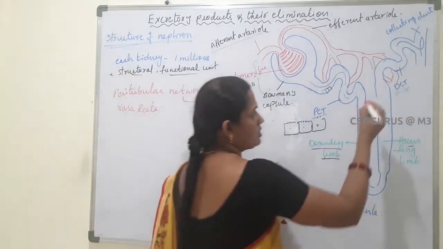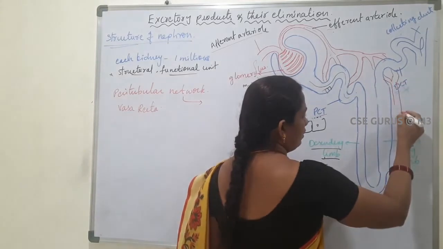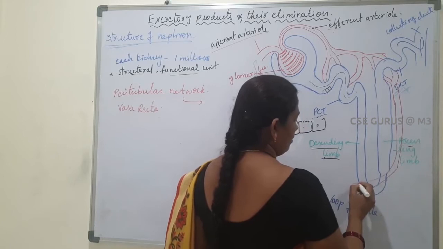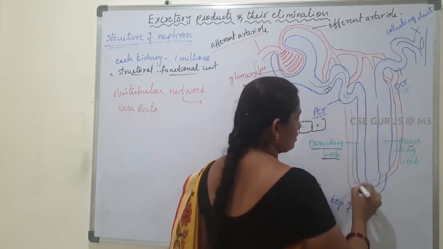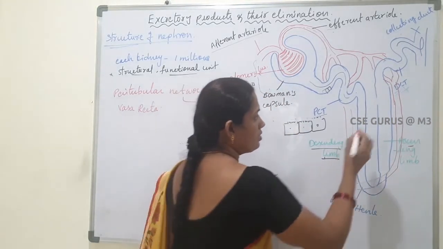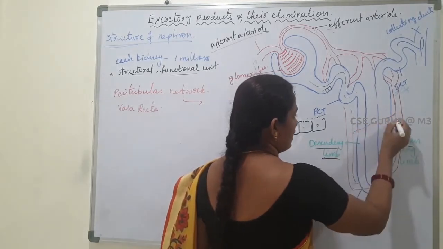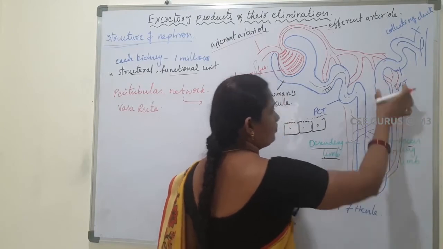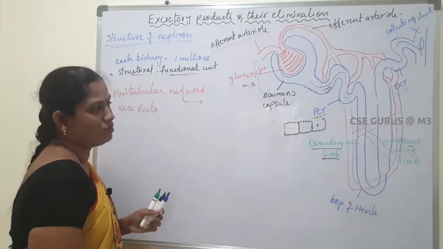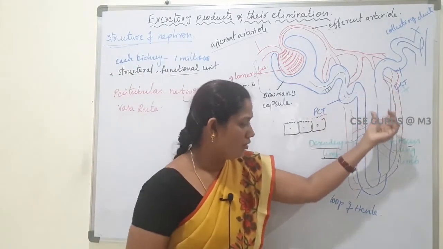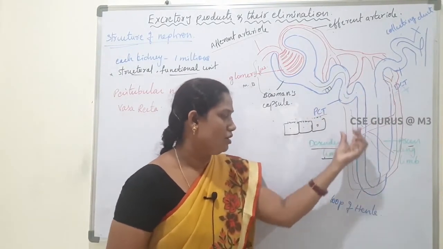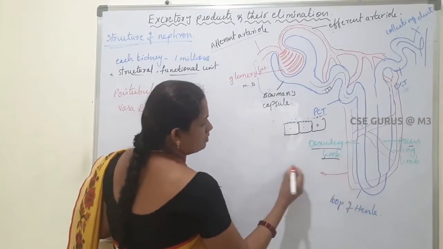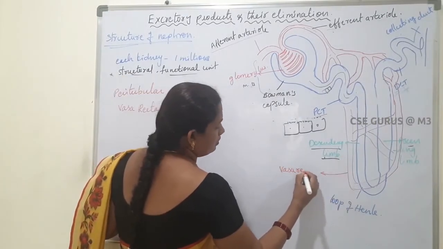From this network, some tubes run along the loop of Henle, and also have junctions like this. So these tubes are called vasa recta.